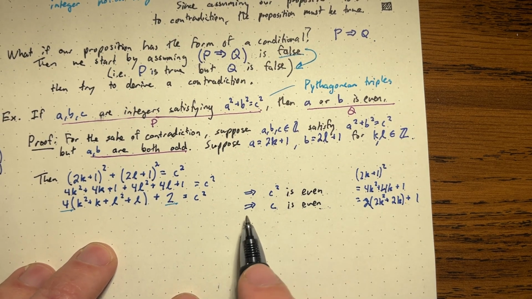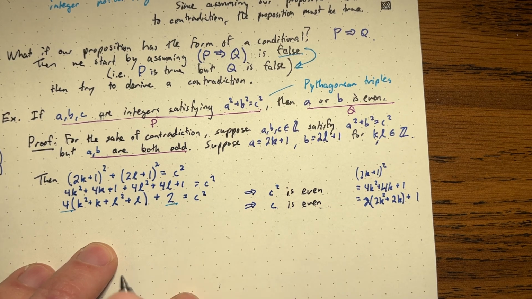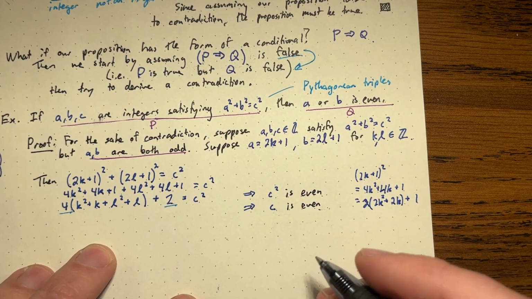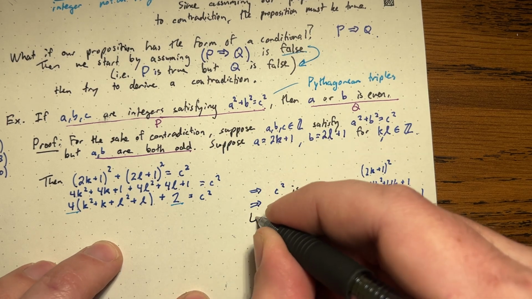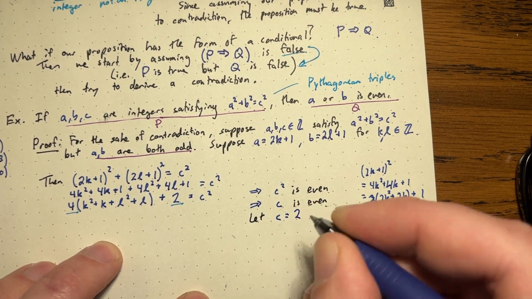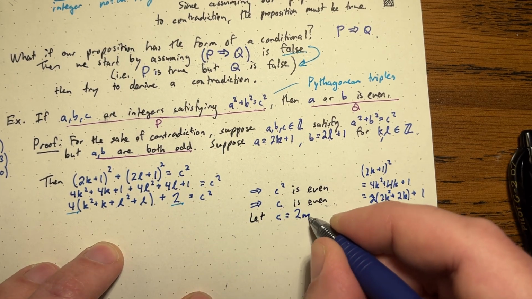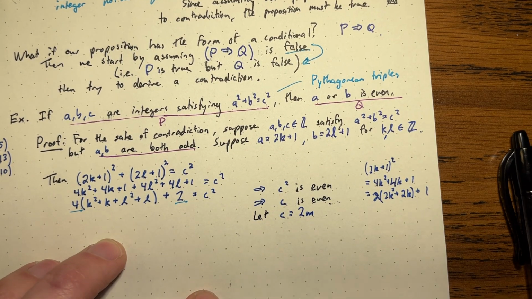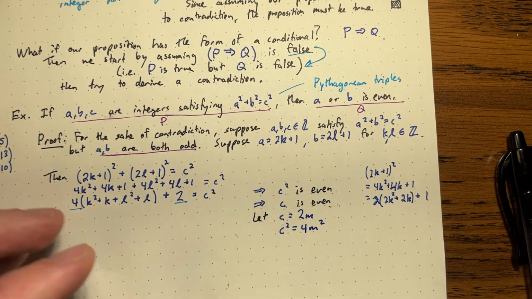Okay, well, c is even. Is this going to get us anywhere? Well, that narrows down the choices for c at least to half of the integers. Let's take advantage of that. So let's let c be 2 times, I already used k and l. What's after l? M, I guess. Okay, and then c squared is 4m squared.